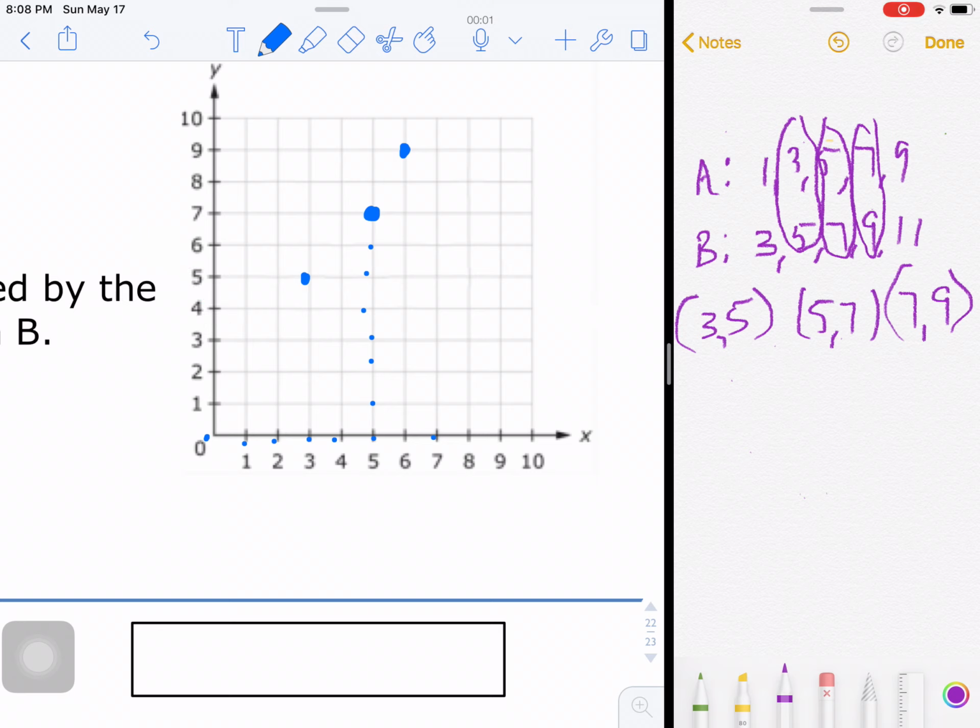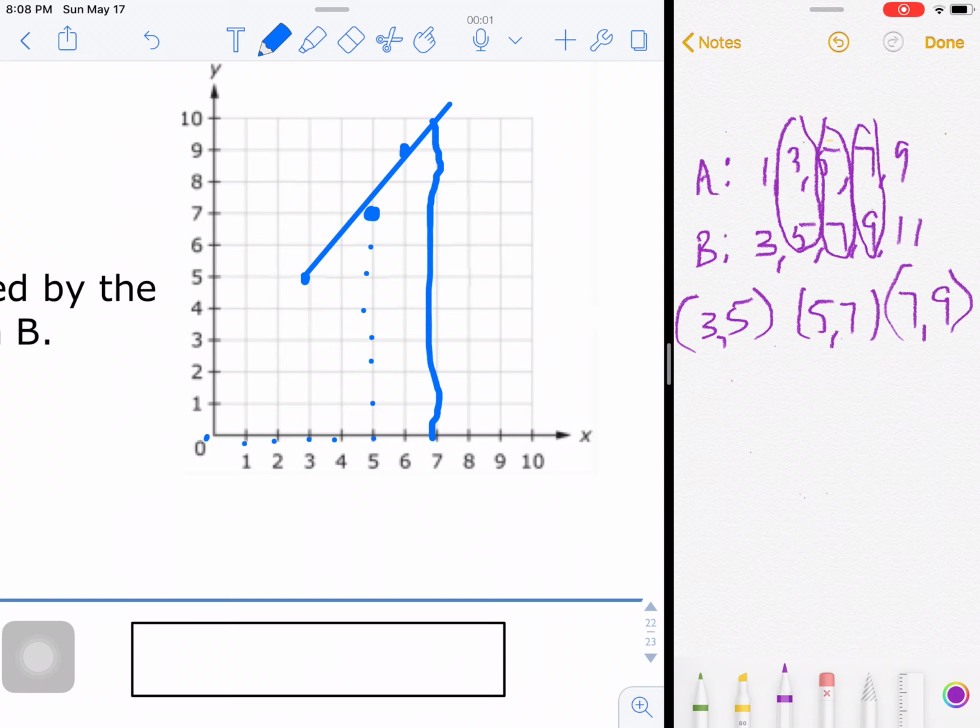Let me go here. So why is it that those are not on the same line? I can look over here and see that when I did 7 and 9, I was off a little bit.